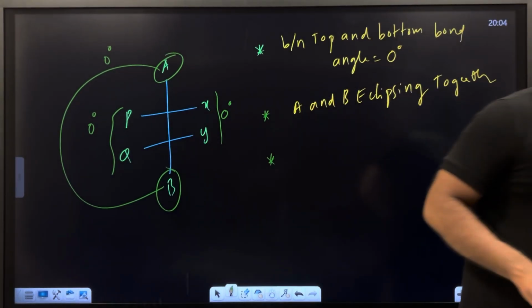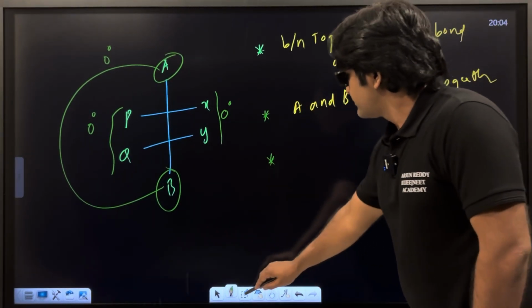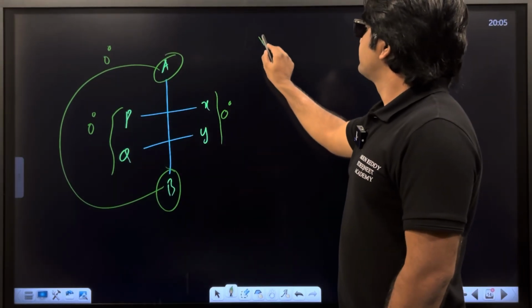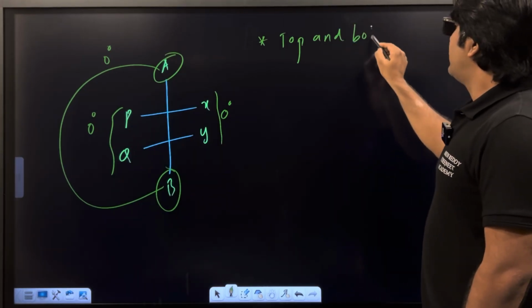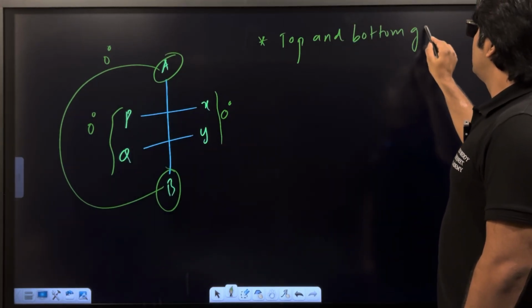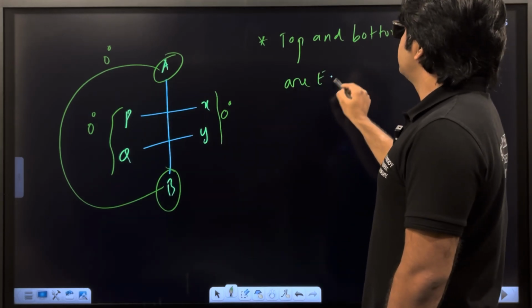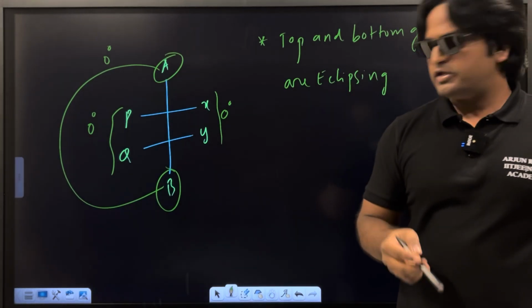So we can generalize that point. Now simply we can write like this: always top and bottom groups are eclipsing. Eclipsing is nothing but the bond angle is 0 degrees.